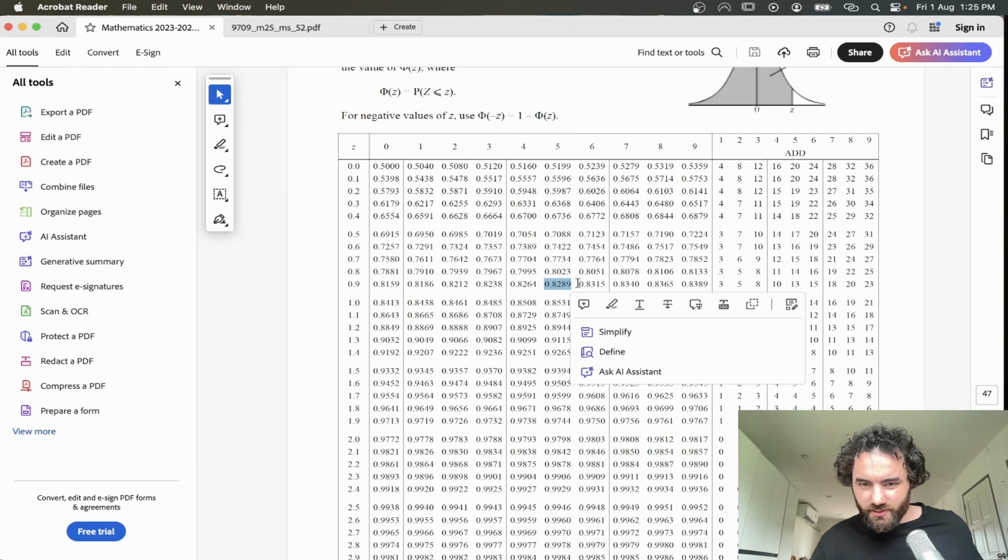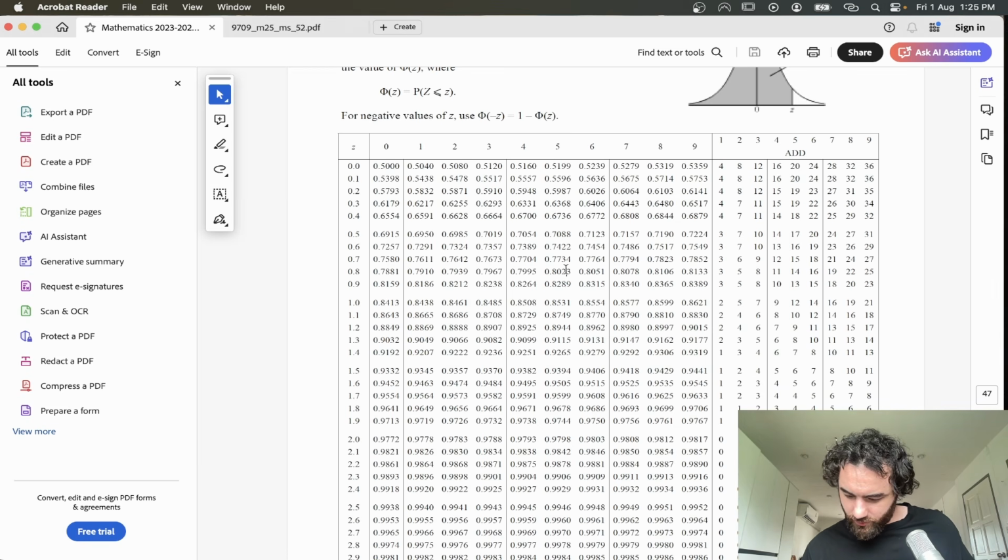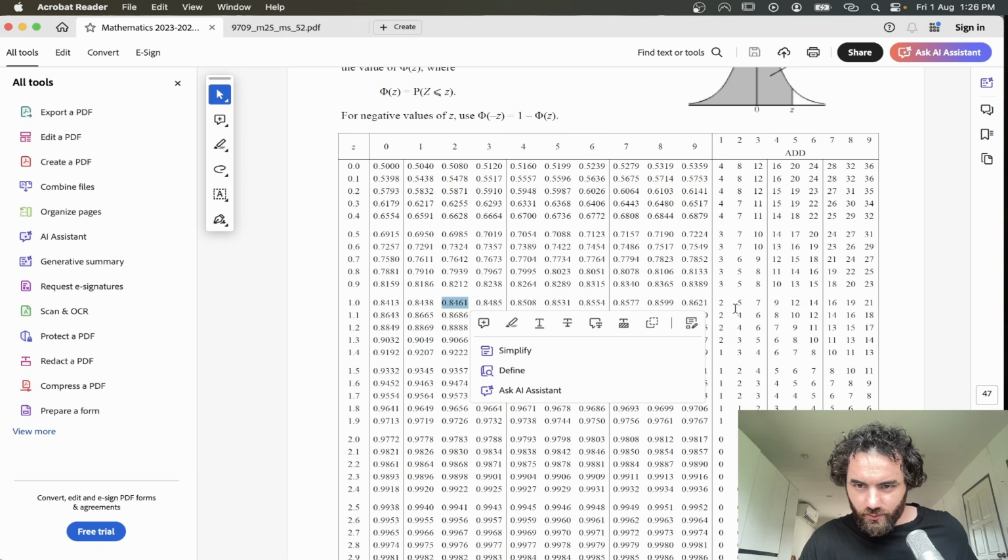309 plus 0.958. That's correct, right? 0.958 plus 1.021. 1.021, add 2.